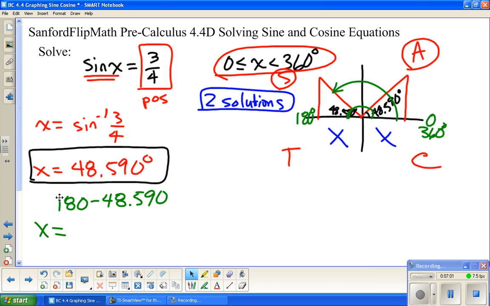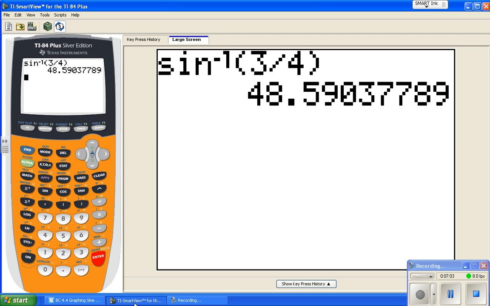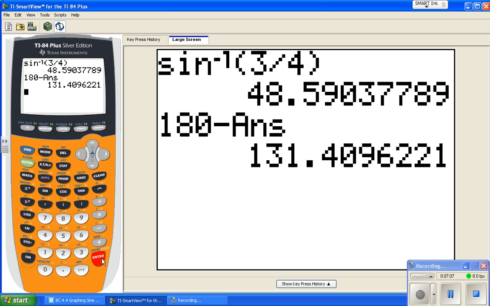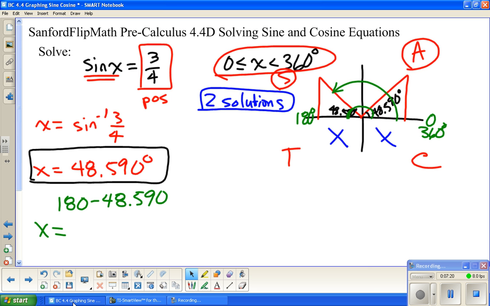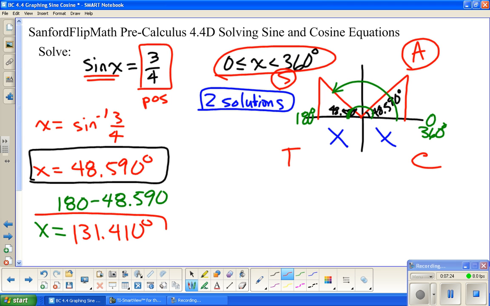So 180 minus my answer, 131.4096. That 4096 is going to make that 410. So 131.410. Okay, so those are my two solutions, and I'm done.